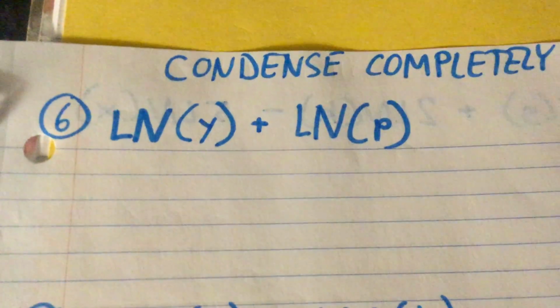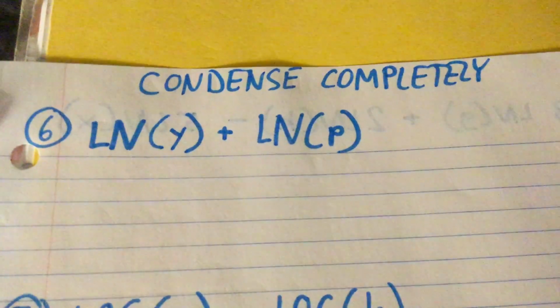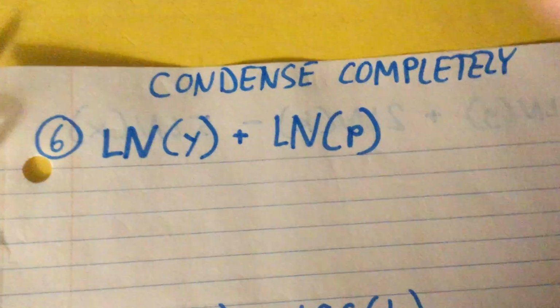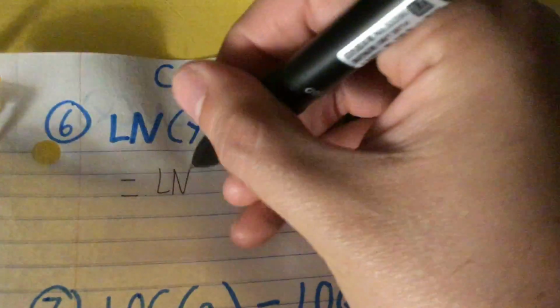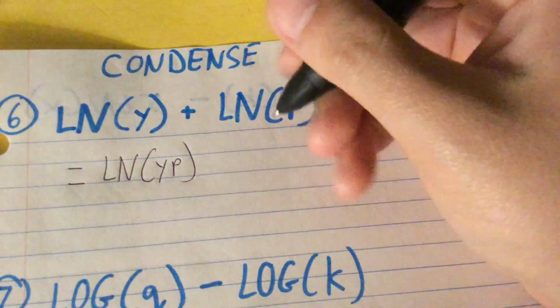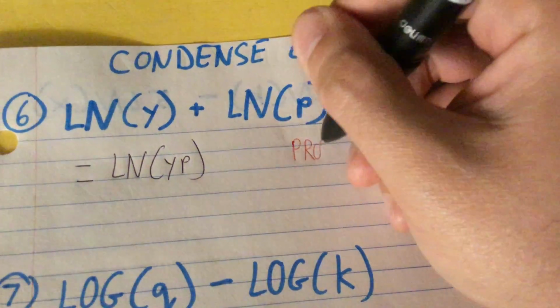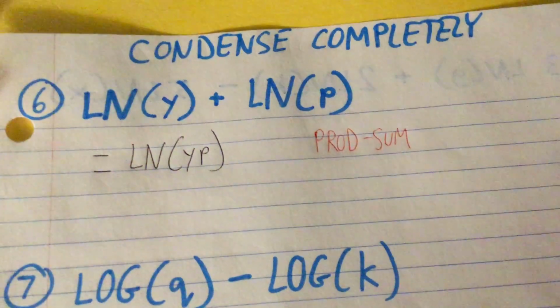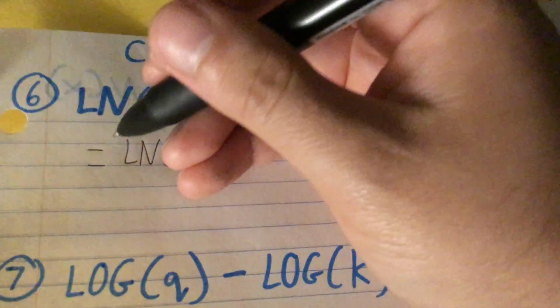The product sum rule states that if it's addition expanded, it's multiplication condensed. So natural log of y plus natural log of p can be brought together with the natural log of y times p because of the product sum rule, just to warm up. And there's no exponents, so we're good. The end.